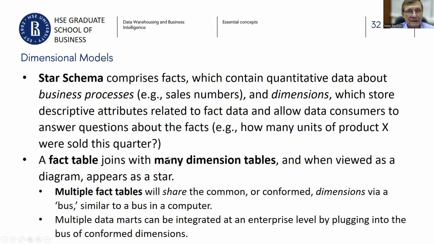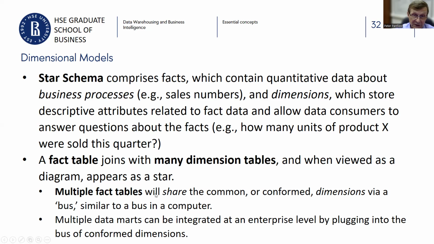Also important in this organization, and this is something new compared to Bill Inmon's architecture, are multiple fact tables. Imagine if you have several data marts or several star schemas. For each of these star schemas, we have a fact table, and we may have multiple fact tables in the data warehouse.